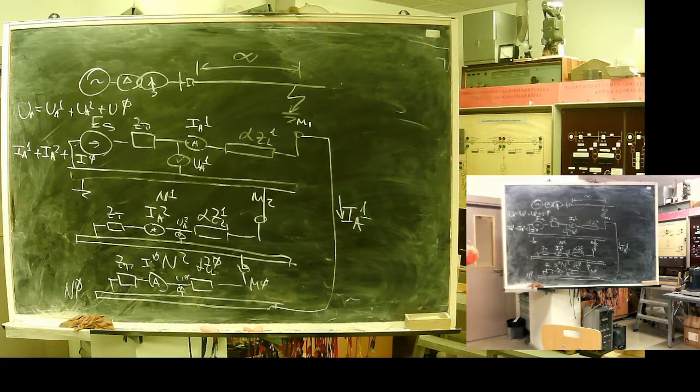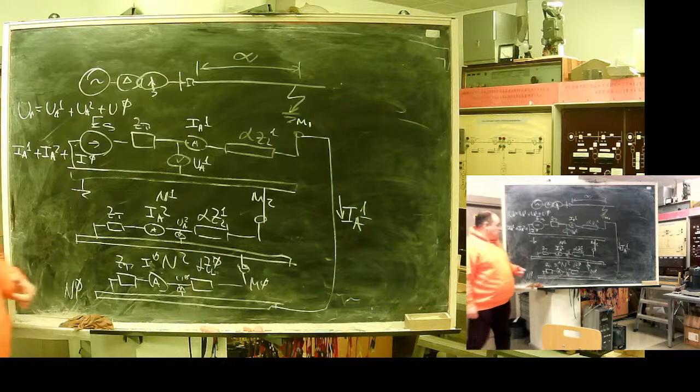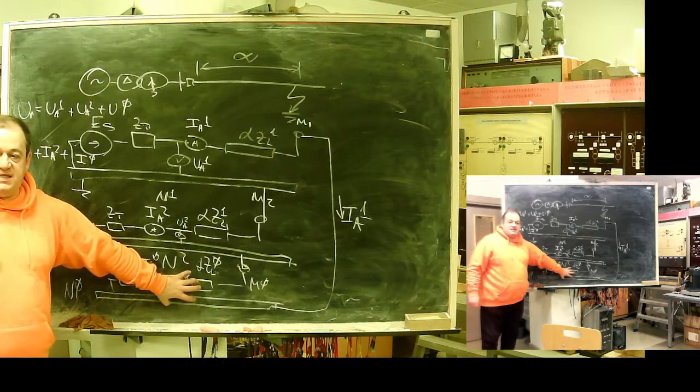Voltage and current, if you simply measure them, what do we need to eliminate? Ground resistance. We need to eliminate this part.